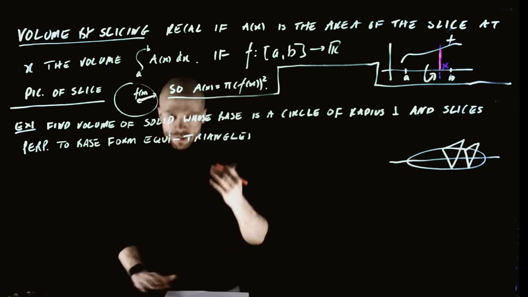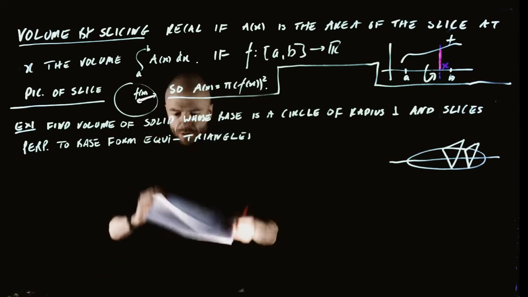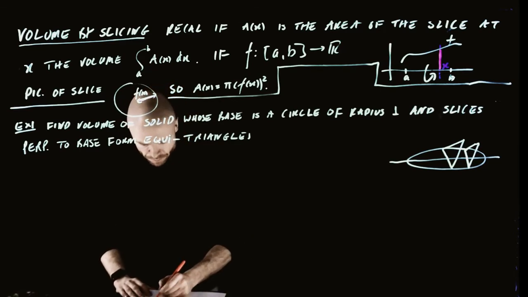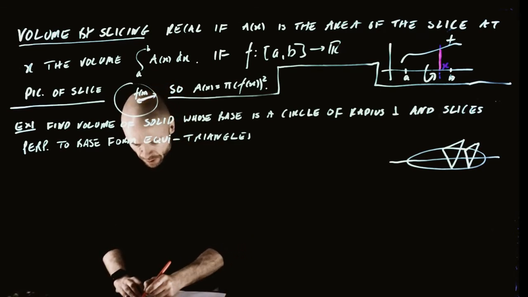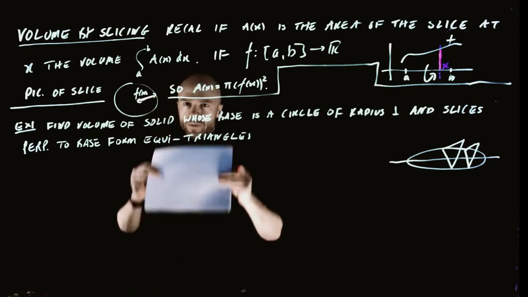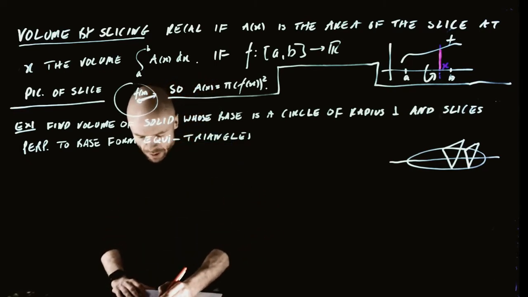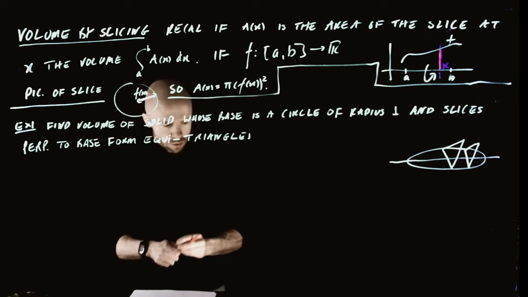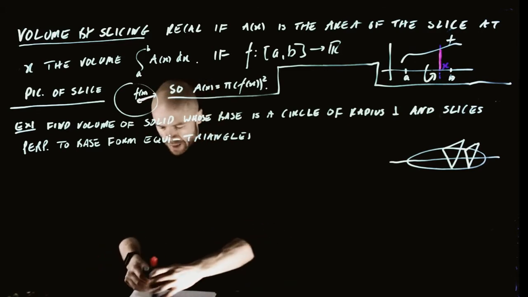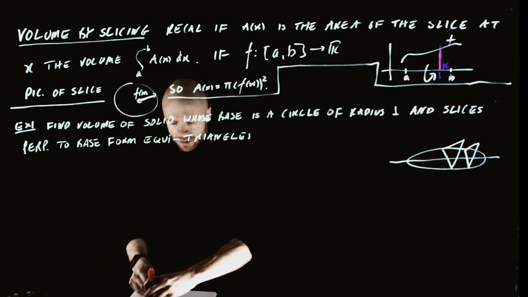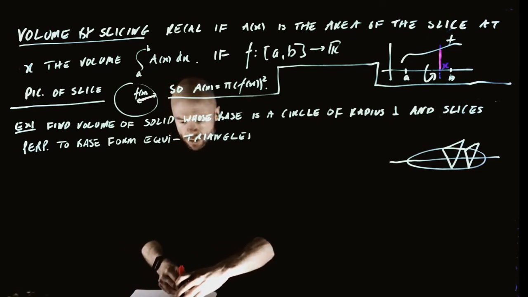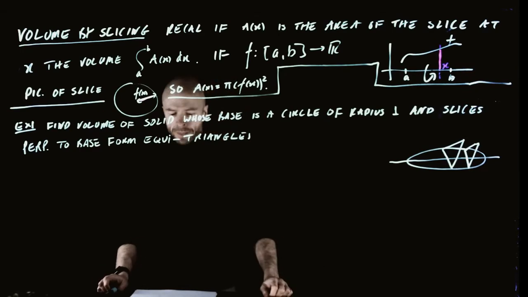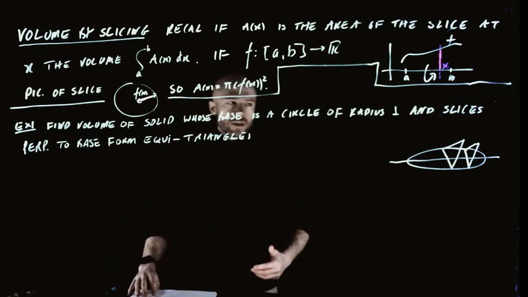So do this at home. Take a blank sheet of paper, draw the circular base. On it, draw an x-axis, something like this, okay? And then draw lines perpendicular to the x-axis, like this. And what we have is that above these lines, we have an equilateral triangle, lifting off like this. Yeah? That's what this object is.